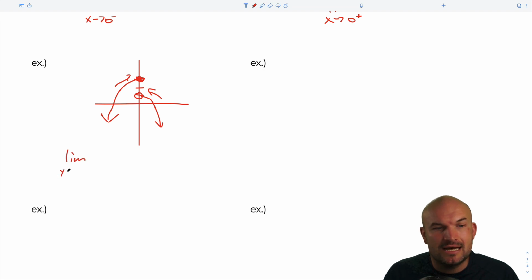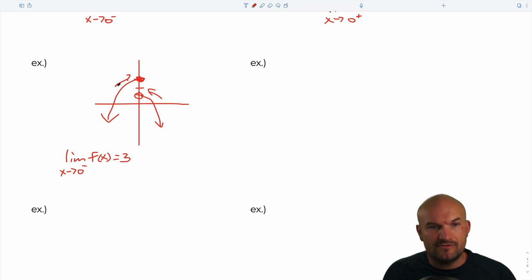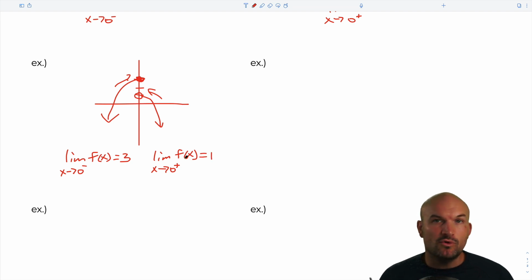But as x approaches 0 from the left of f of x, I can say it's approaching 3. If I use the same function and ask what it's approaching from the right, I can say it's approaching 1. So the one-sided limits can be defined because you're only looking at the one side that you're actually approaching.